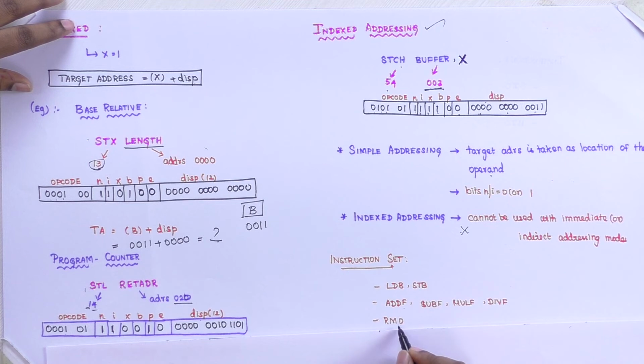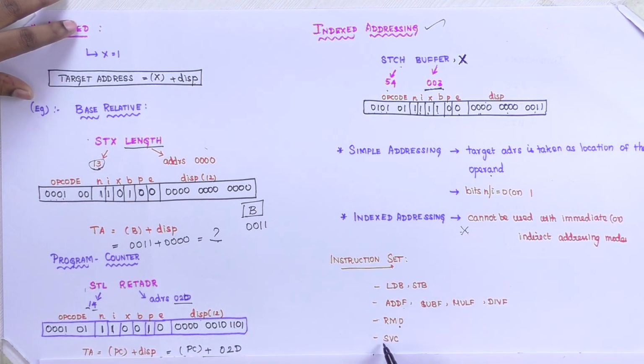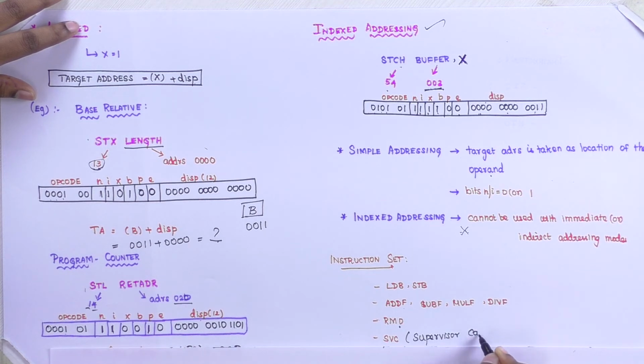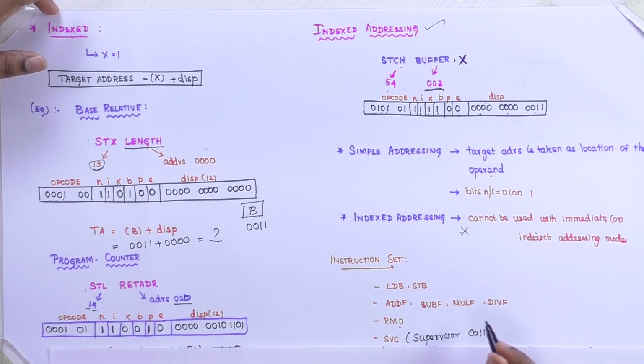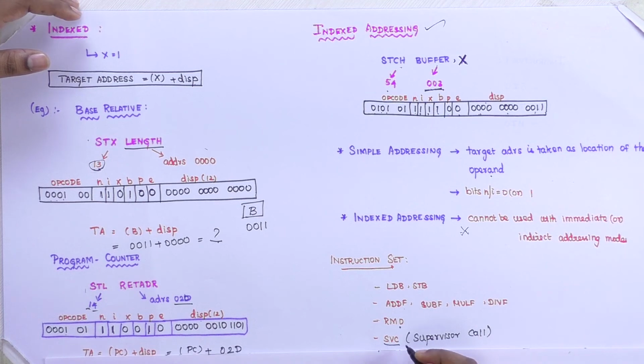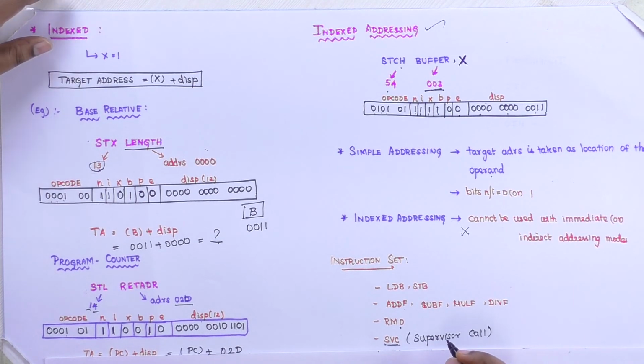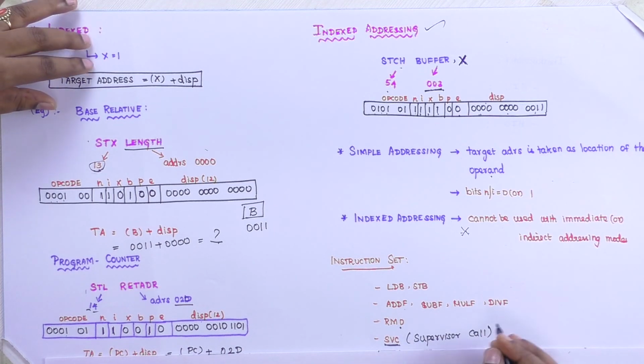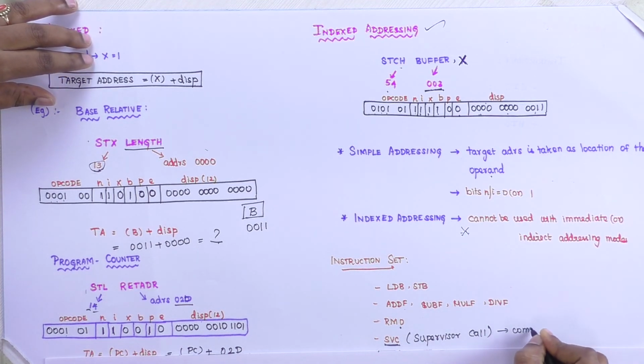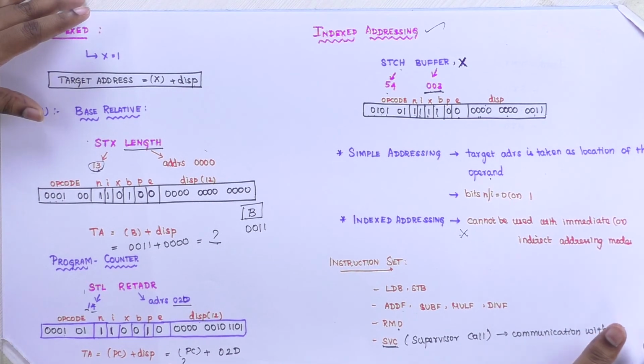RMO instruction, register move instruction, is also available in SIC/XE, and SVC, supervisor call instruction. SVC, supervisor call, will generate an interrupt that can be used for communication with the operating system. So that's all about instruction sets.